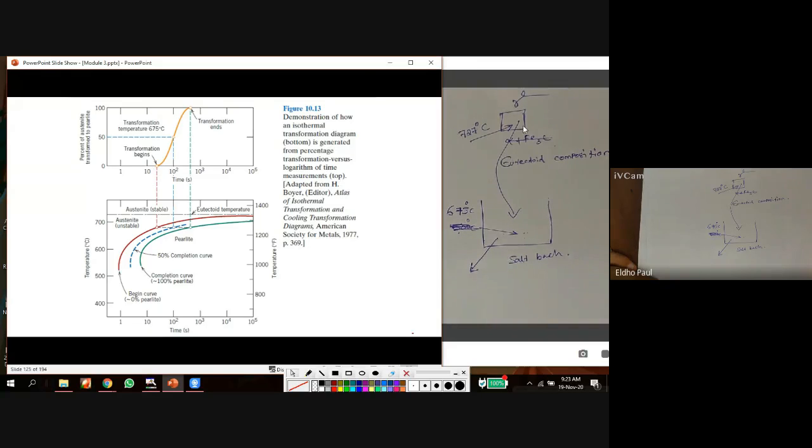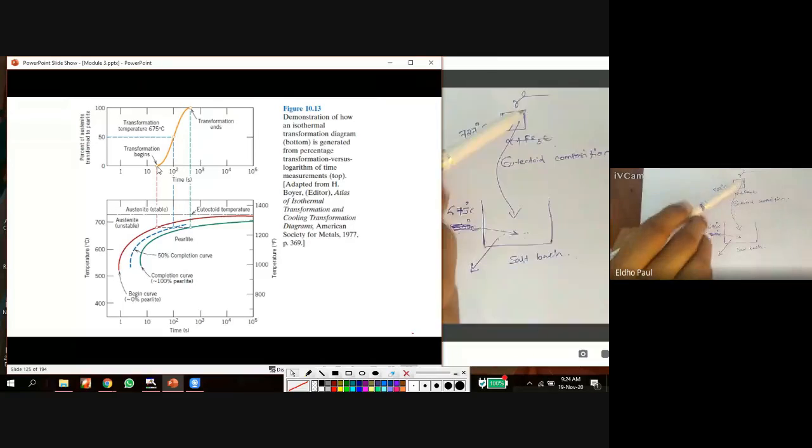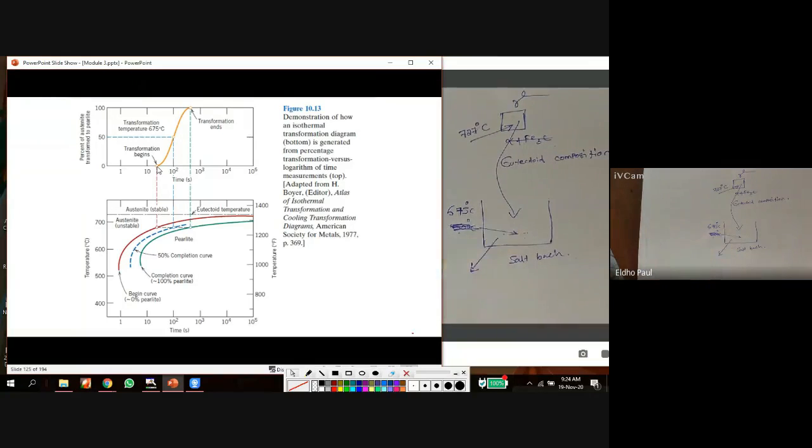Okay, so that conversion is shown by this graph. With respect to increase in time, the gamma particle slowly changes into another microconstituent. Okay, at this point, the entire gamma particle is converted into another microconstituent. It may be pearlite or maybe another microconstituent. So here we can say it is 100% of gamma particle which is in this salt bath.